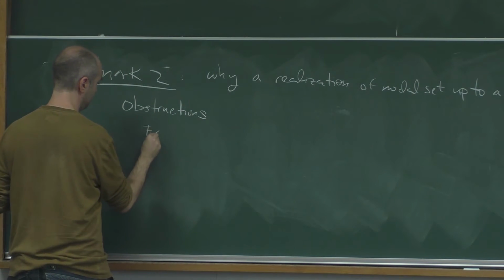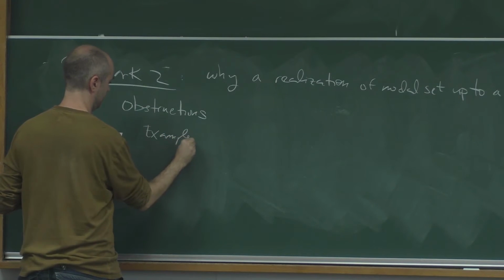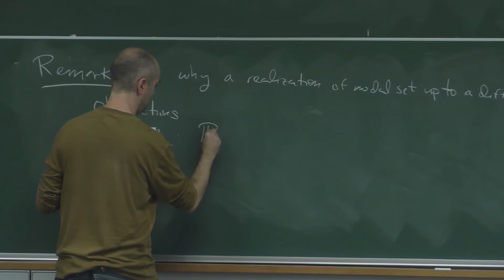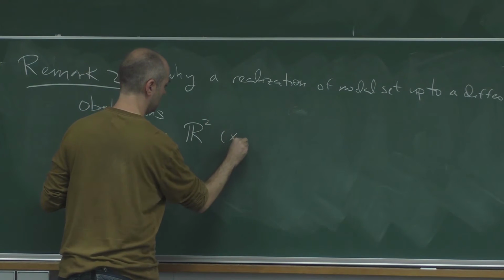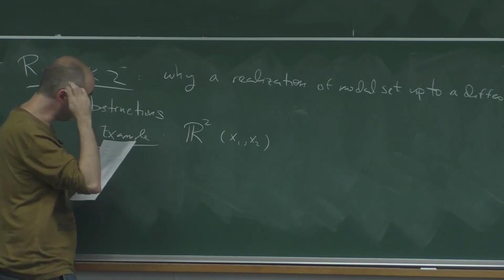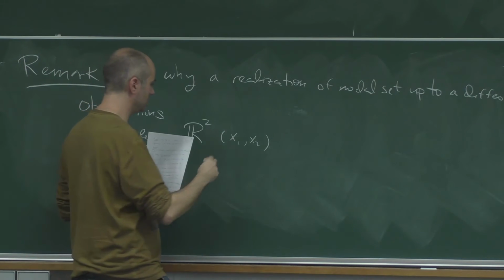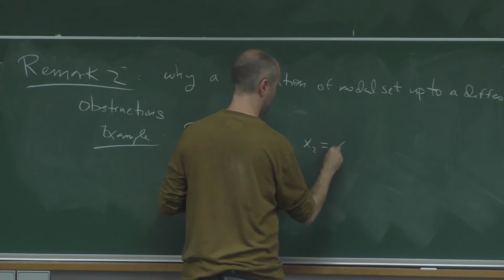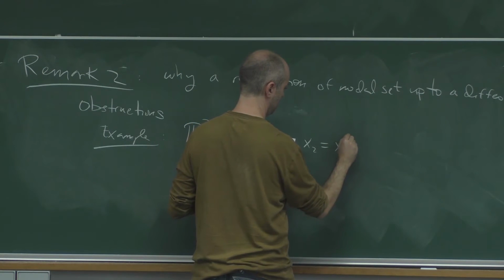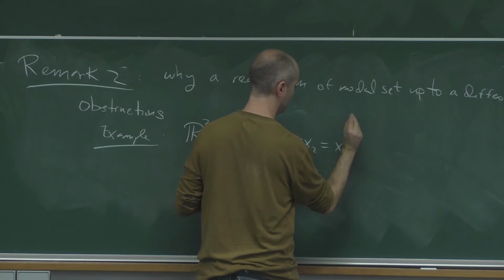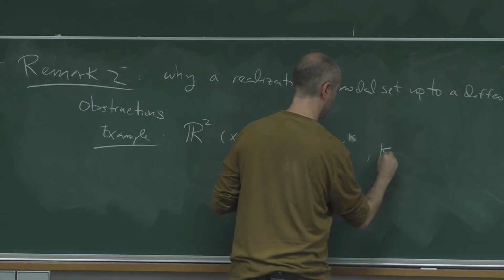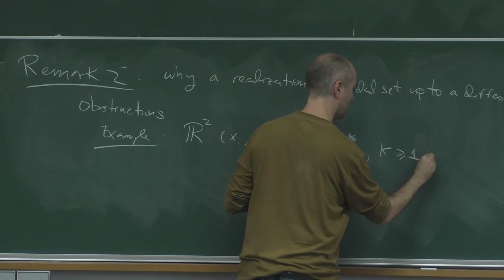And for example, consider in the plane, in R2, Euclidean coordinates x1, x2. Let's consider this family of curves. So x2 is equal to x1 to the power k, where k bigger or equal than 1 is an integer.